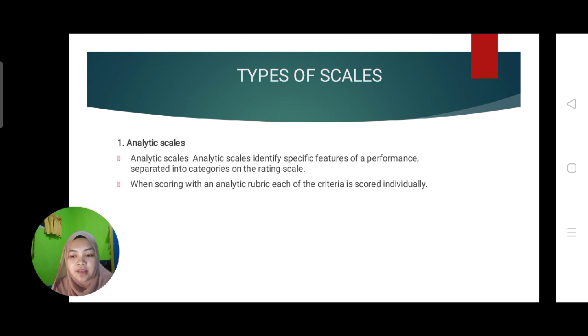The cells within the center of the rubric may be left blank or may contain descriptions of what the specified criteria look like for each level of performance. When scoring with an analytic rubric, each of the criteria is scored individually.